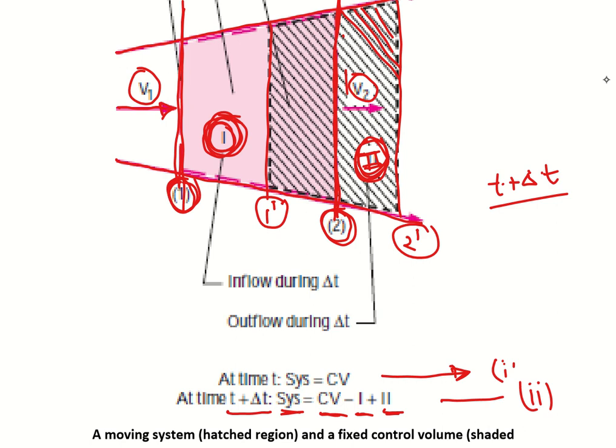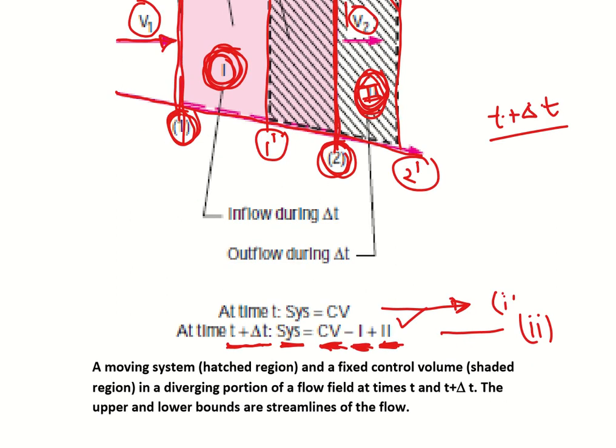So I am again repeating, at time t plus delta t, the system property shown with the help of hatched line is equal to control volume shown with the help of shaded region minus 1. This represents property going inside the control volume through phase 1, and area number 2, portion 2, which represents property going outside the control volume through phase 2.